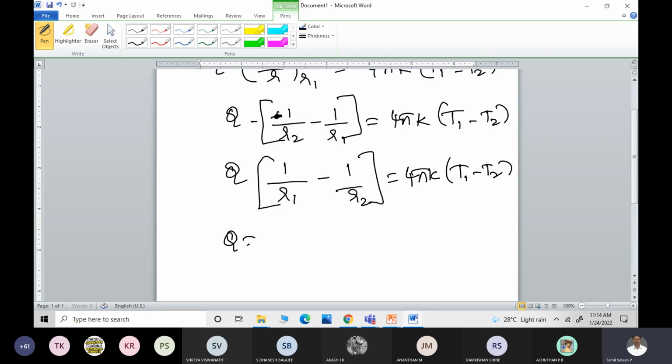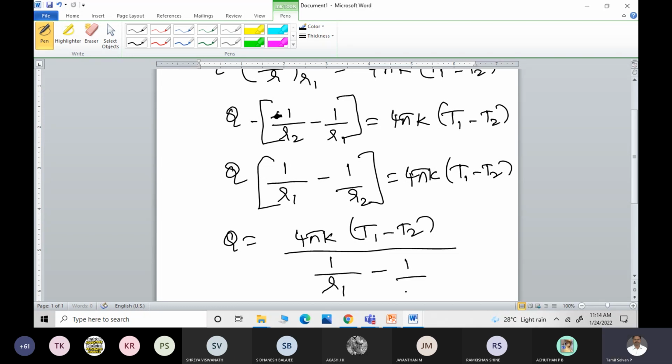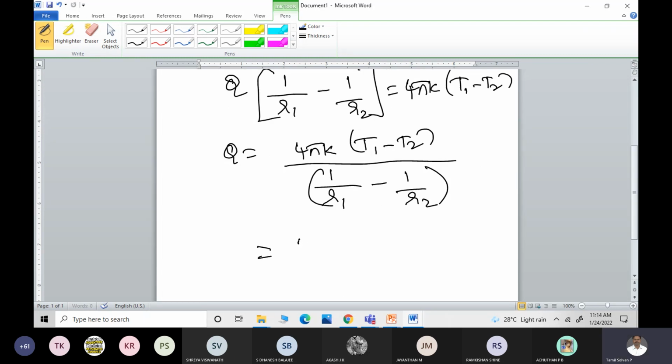So Q equals 4 pi k into T1 minus T2 divided by 1 by r1 minus 1 by r2, which becomes r2 minus r1 divided by r1 r2. In some expressions they write it like this. So this is the final expression for heat transfer.